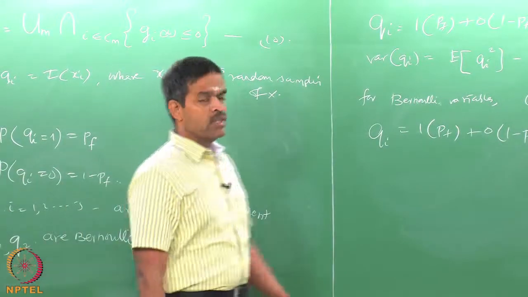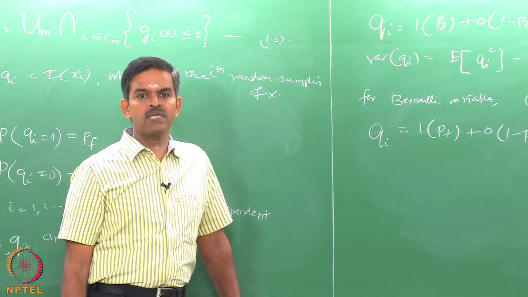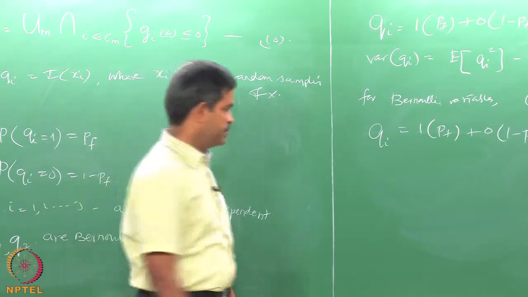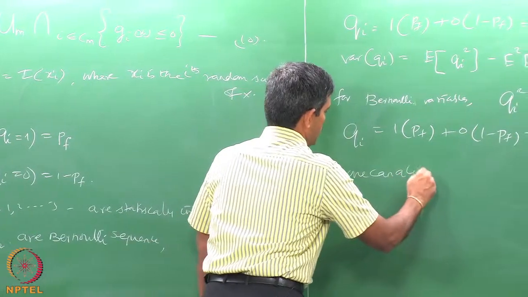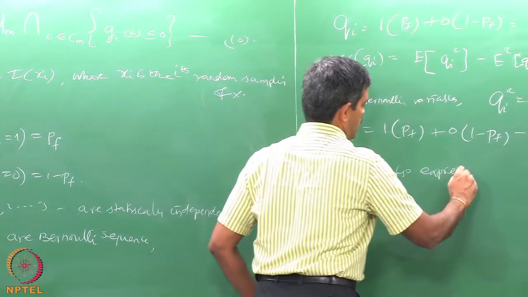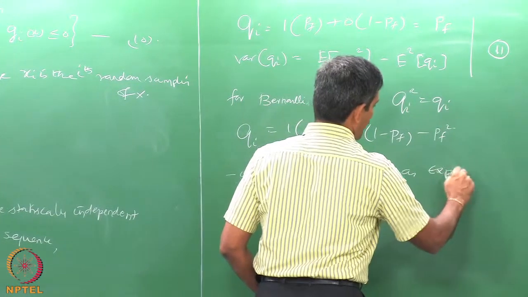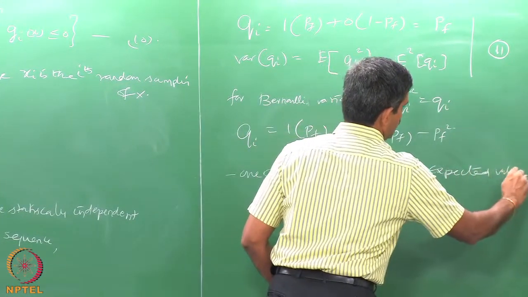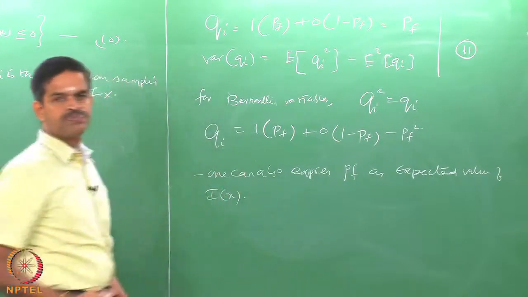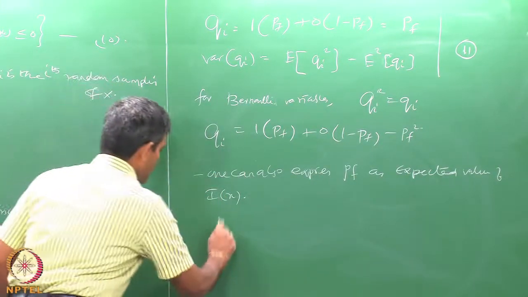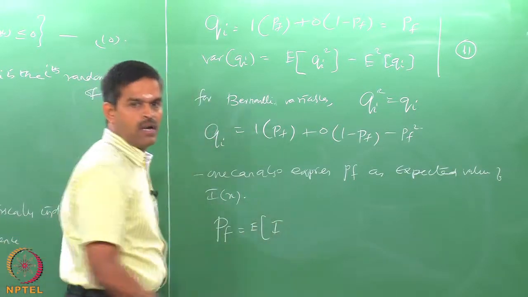Alternatively, one can also express the probability of failure as the expected value of the indicator function, that is, the probability of failure is the expected value of I of x.